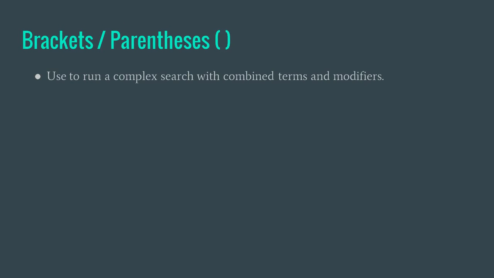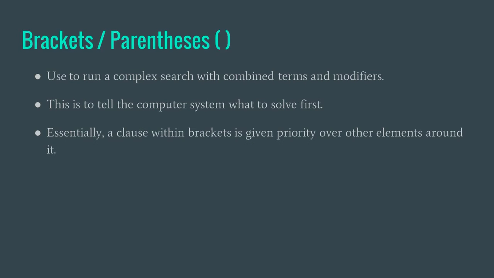So next is the brackets or the parentheses. This is used to run a complex search with combined terms and modifiers, like if you would like to combine two terms together, and or different modifiers in a complex search. This is also to tell the computer system what to solve first, and essentially a clause within brackets is given priority over other elements around it.